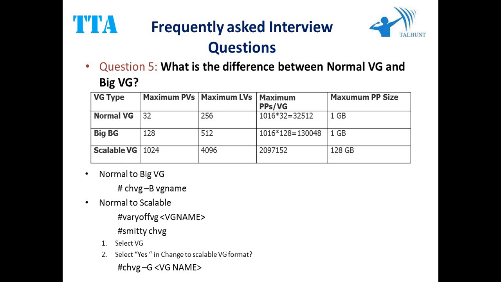There's an option inside SMITTY about scalable VG format where you need to set yes, and then you run chvg -G and the VG name. That's how you create a scalable volume group. These questions are asked in some interviews these days. They don't directly ask you the difference these days, so be prepared with these kinds of questions as well.